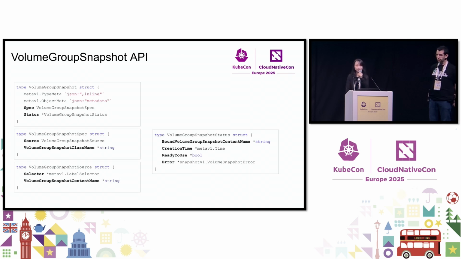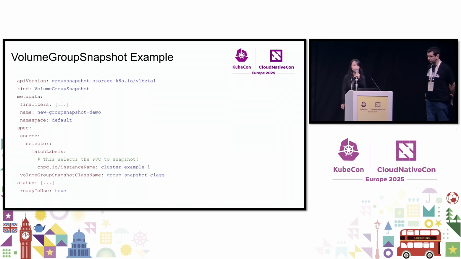After the volume group snapshot is created, you can see the bound volume group snapshot content name and the creation timestamp in the status. You'll also see the ready to use parameter in the status that indicates whether this volume group snapshot is ready to be used to restore your PVCs.